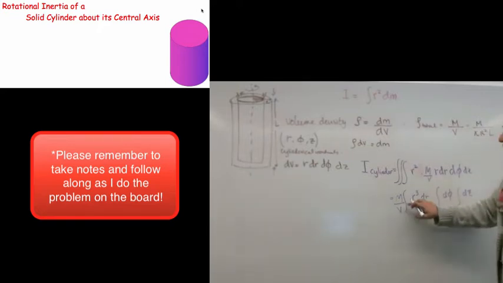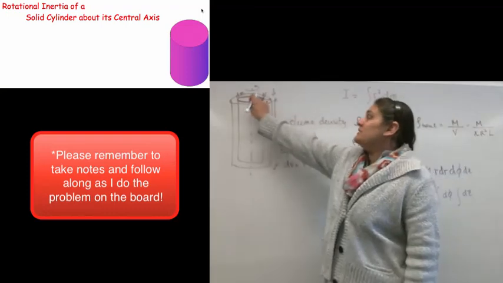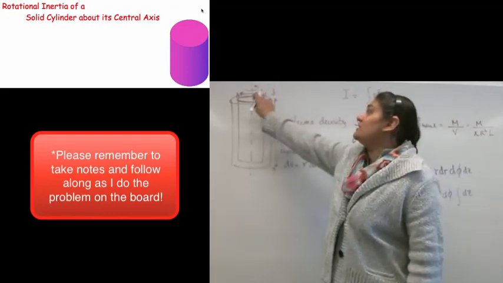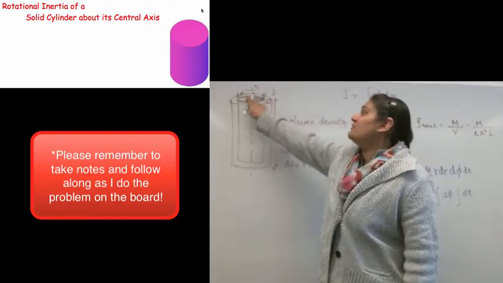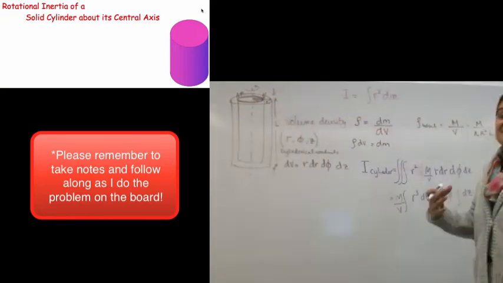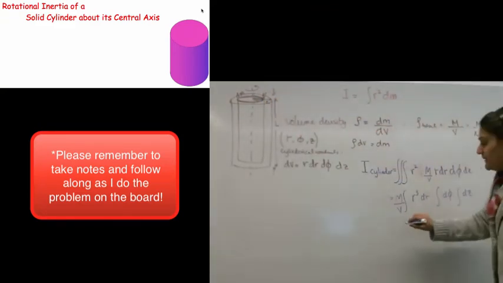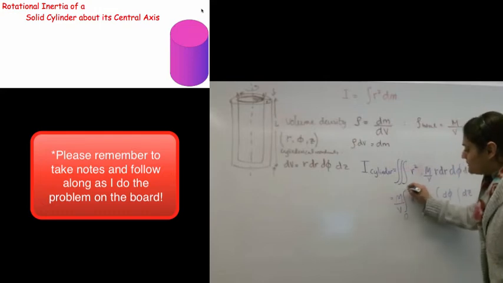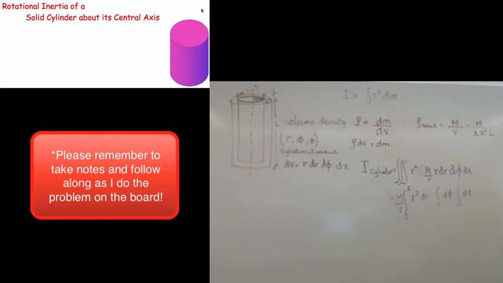Now, what are the limits of these integrations? Where can r go from? The small radius r can go from 0 to capital R, because that's what I defined my radius to be. So my limits of integration for r are from 0 to capital R, because it can't be any more and it can't be any less. What about phi?